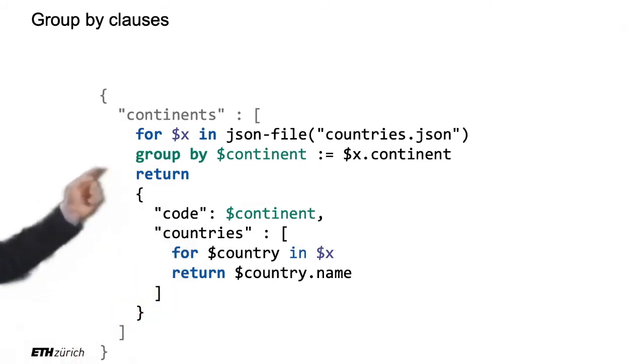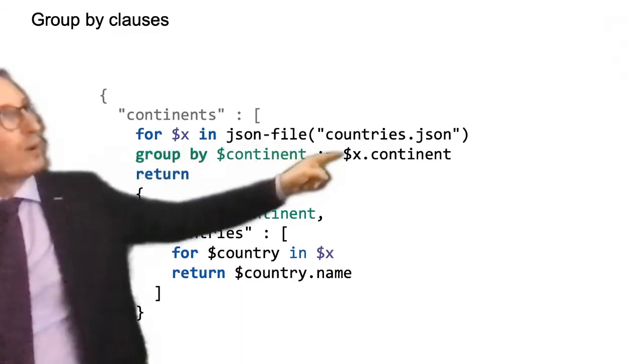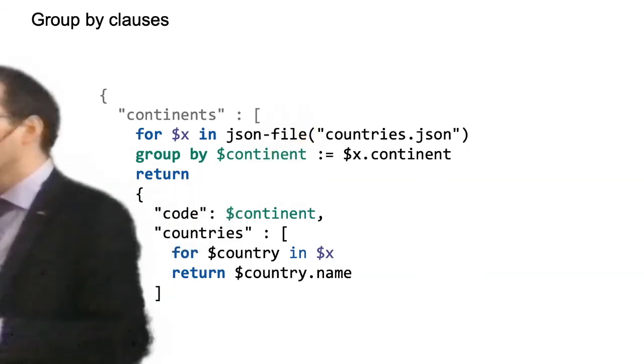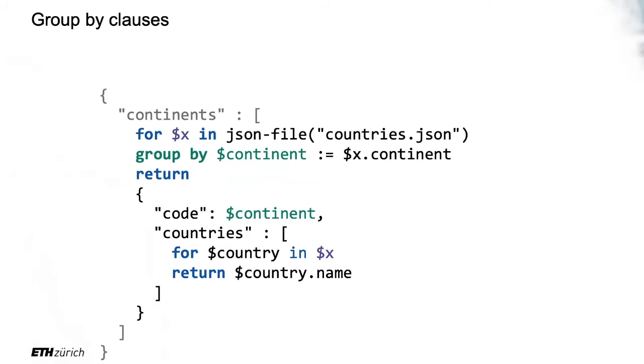All right, so what happens there is that you are grouping these objects in the countries by continent. So you're creating one group for every continent, right? And then $X after the group by is no longer a single item. After the group by, $X is a sequence of all of those in the same group. So you're going to have first a binding with $continent Europe, and then $X is going to be like Switzerland, France, Germany, and so on and so on.